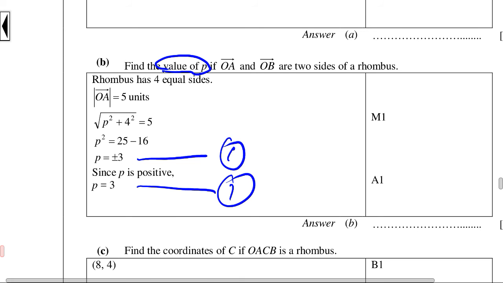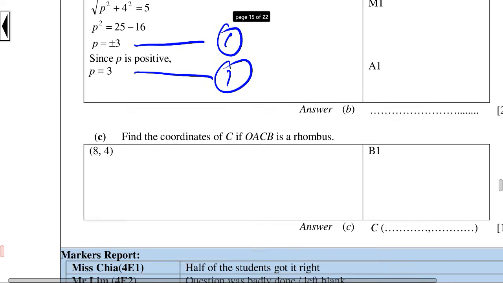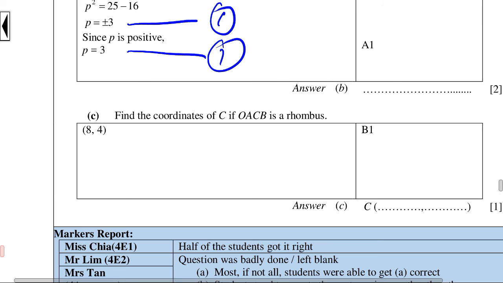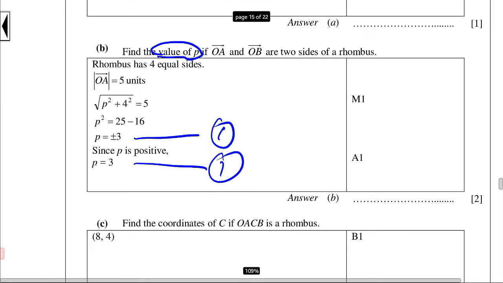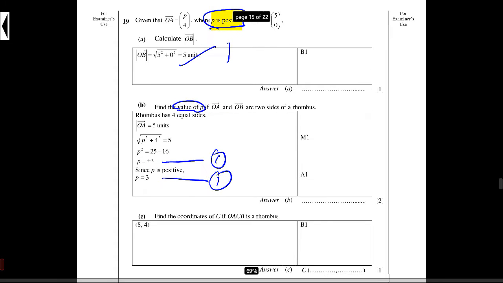Next. Find the coordinates of the missing vertex. Who needs to explain this? On top you want to see. So while you copy, I also copy. Now, how you do this is simple.